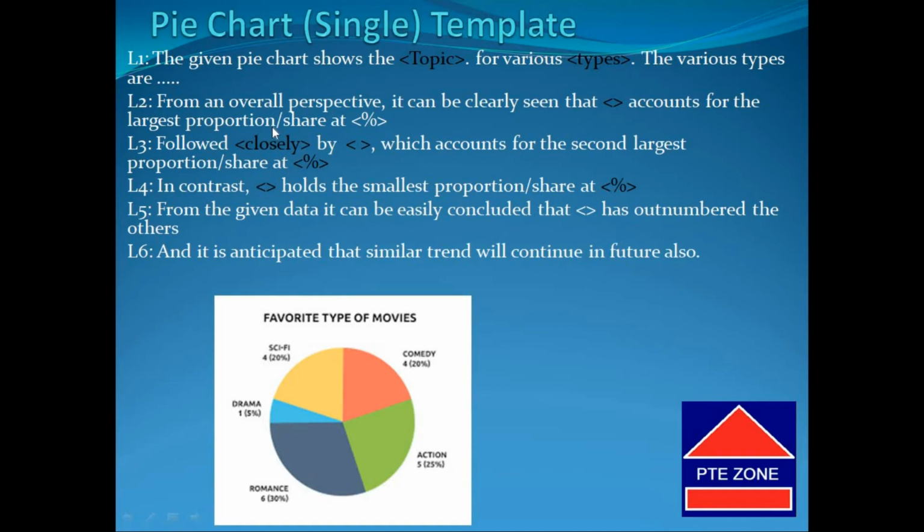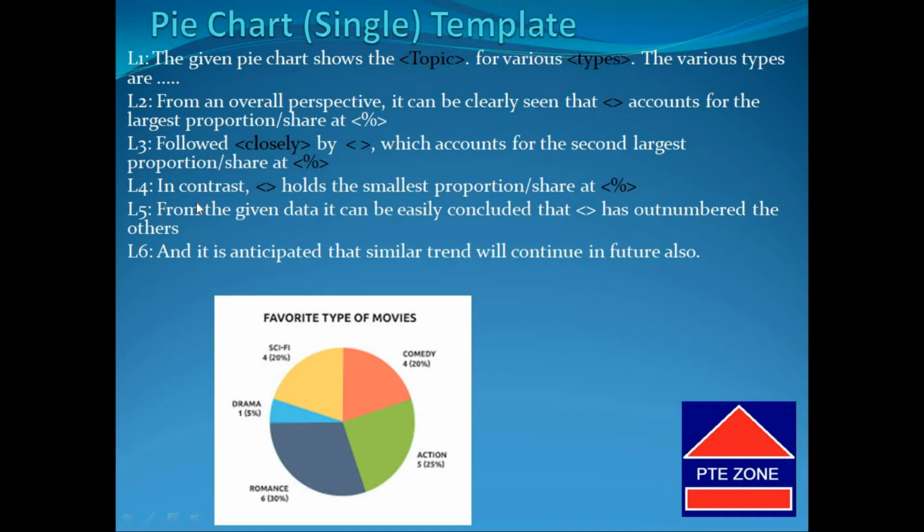You can use either proportion or share. Then the next line would be followed. If it is, for example, 25, which is extremely close, so I will say followed closely by action, which accounts for the second largest proportion at 25%.